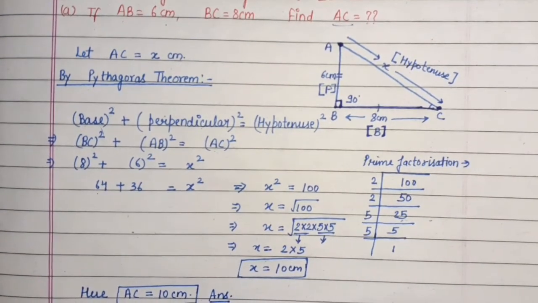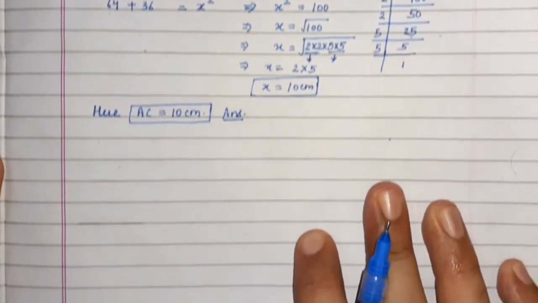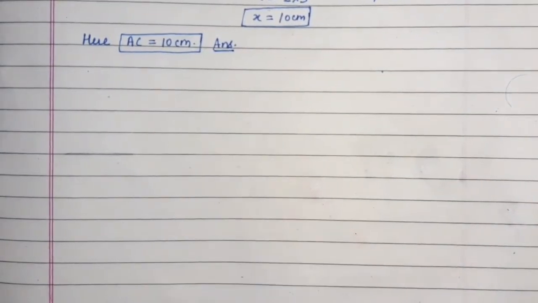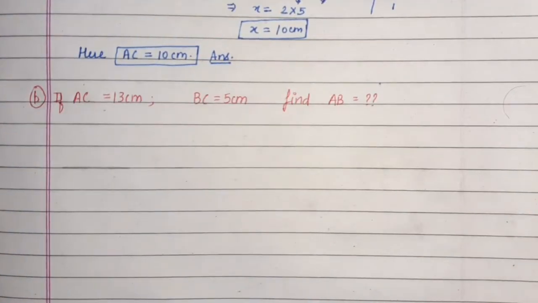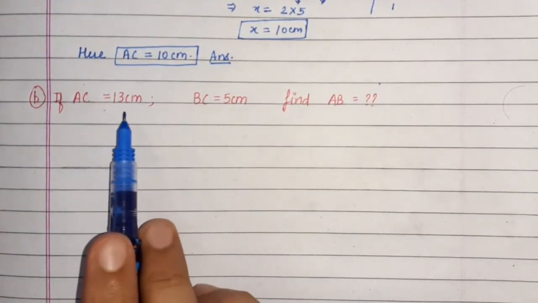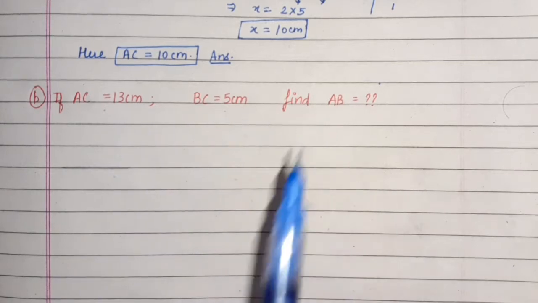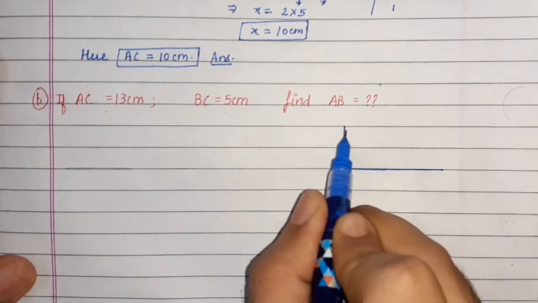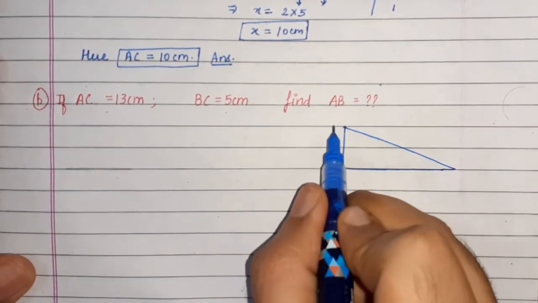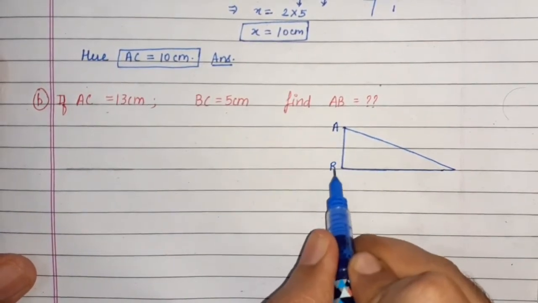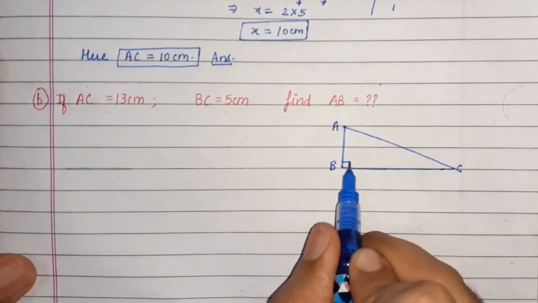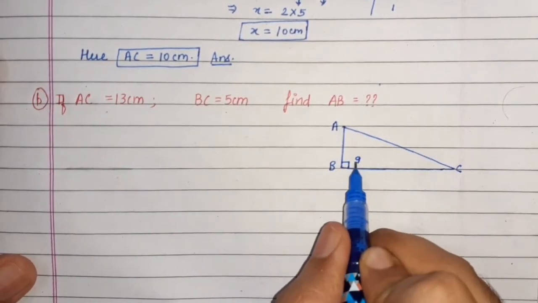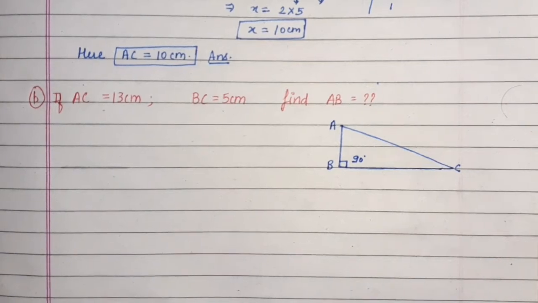Similarly, we will do the second part now. This is our second part. Now AC is given, BC is given, and we have to find AB. So again, rough diagram we are drawing here. This is our A, B and C. Why we have written B here? Because it is given angle B is 90 degree.